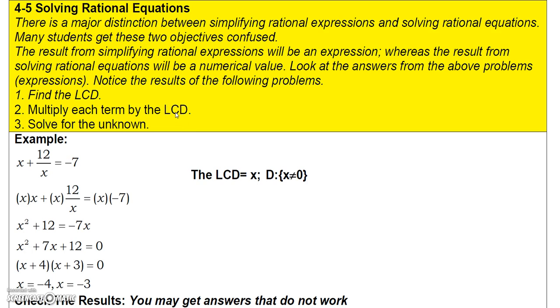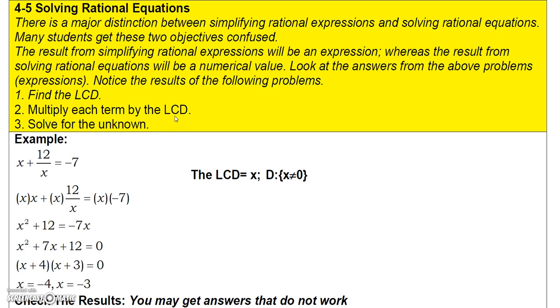Now previously when we were adding expressions, we were getting the lowest common denominator and we actually kept the denominator throughout the problem. But for solving rational equations, that's not the case.